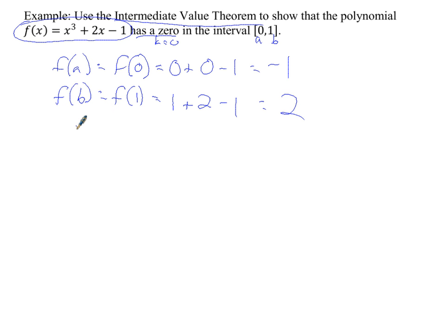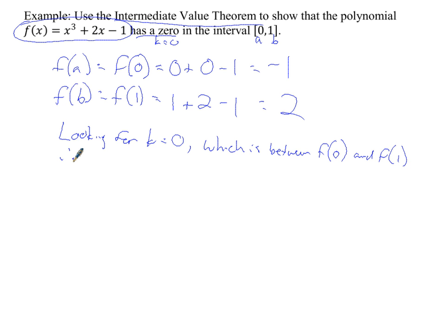So I would write some sort of sentence, and hopefully a well-written sentence, that says something to the effect of, we're looking for, like, I'm not going to write the full sentence, but basically looking for k equals 0, because I have 0, right? Which is between f at 0 and f at 1.